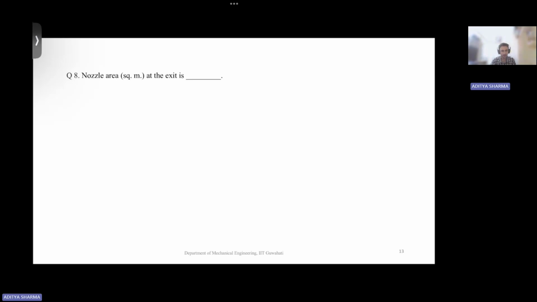We need axial velocity, mass flow rate we have. Rho2 also we can calculate.